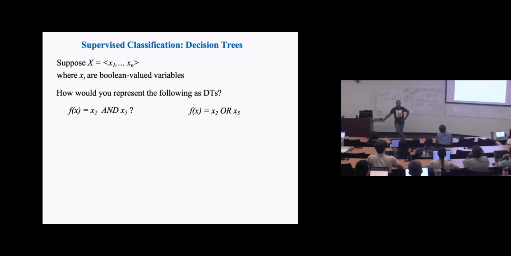You check X2, if it's false you're done. If it's true, then you check X5. If that's true, then you return 1. If it's false, then you're also done, you return 0. Who did not get this? Who is still confused? Nobody?